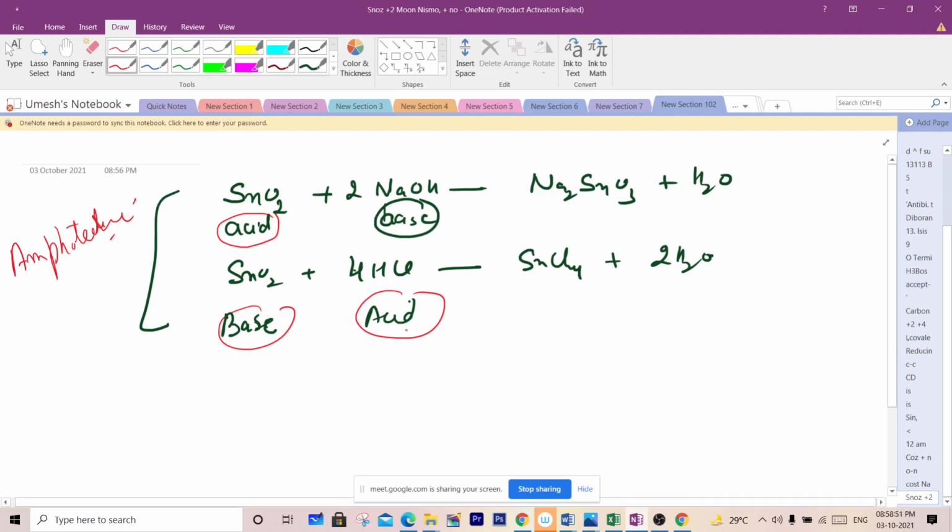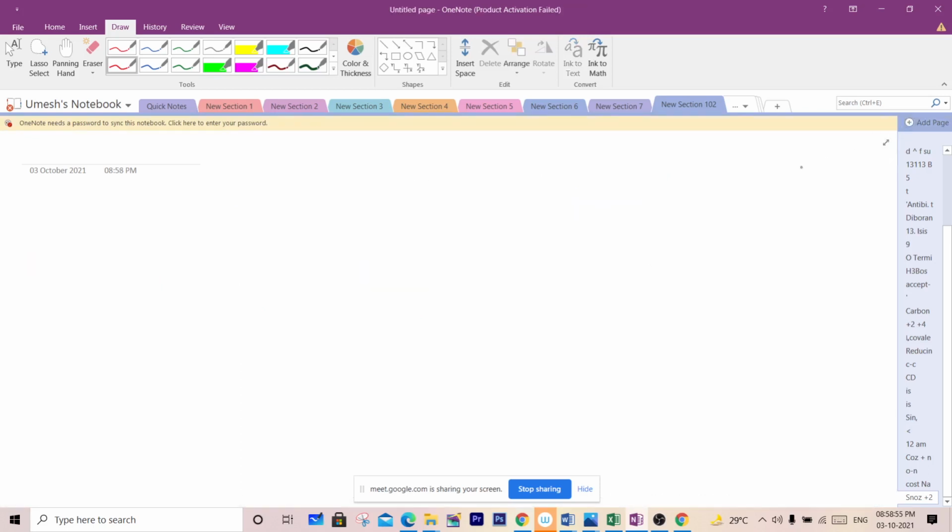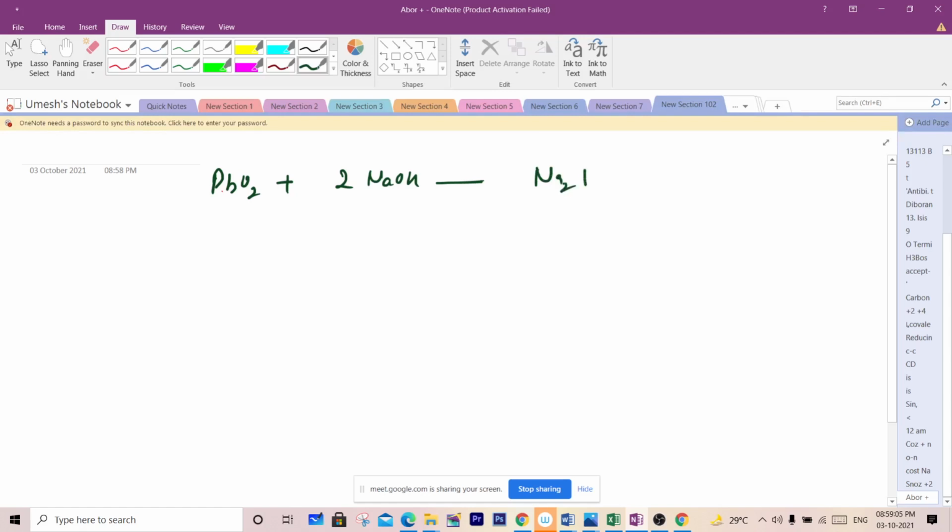Understood now, right? A similar reaction is shown by lead also, PbO2. That is also amphoteric. With sodium hydroxide, it forms Na2PbO3 plus water. It's a base, so it is acting like an acid.